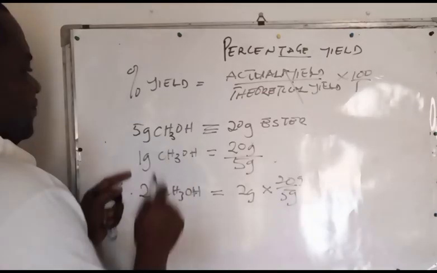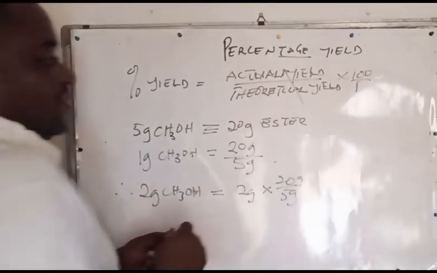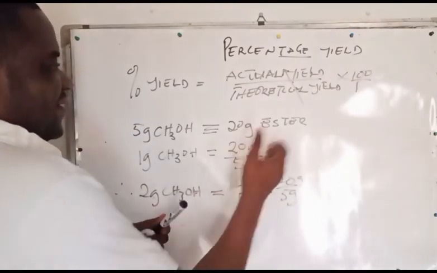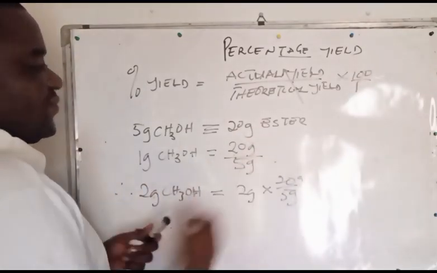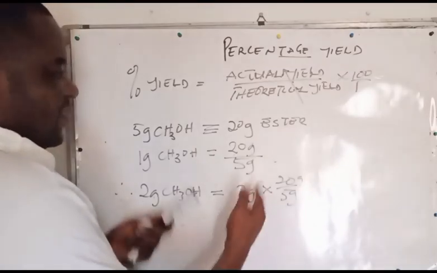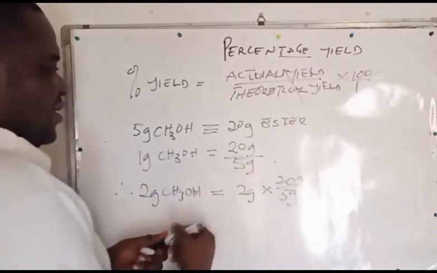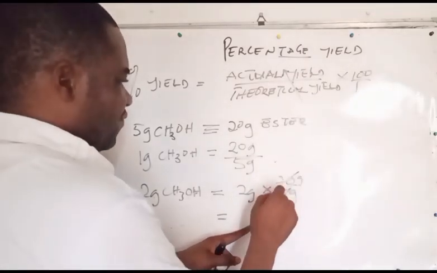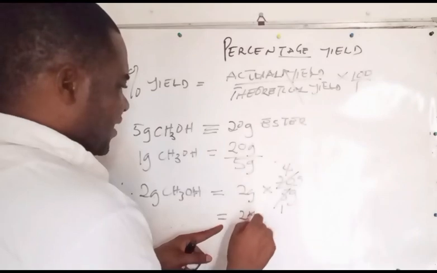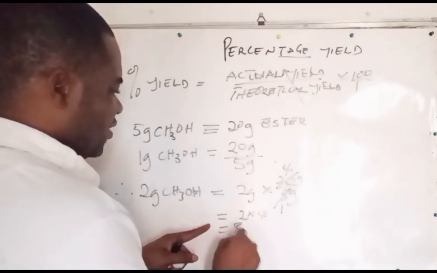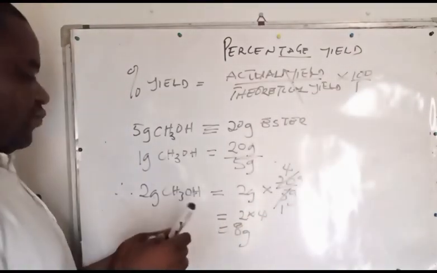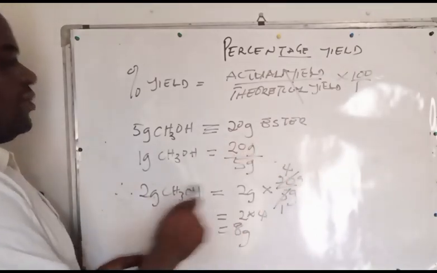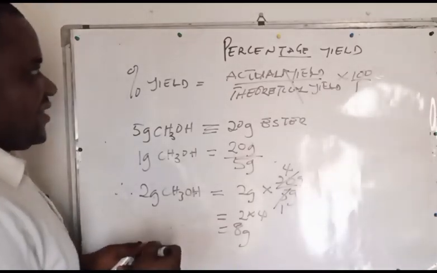You can just say 20 divided by 5, which gives 4, multiplied by 2, and it gives you 8. The same thing here: 5 can cross into 20, giving 4, so you have 2 times 4, which gives you 8 grams. Even if you decided to cross this and have 4, multiply the 4 by 2, you're going to have 8 grams.